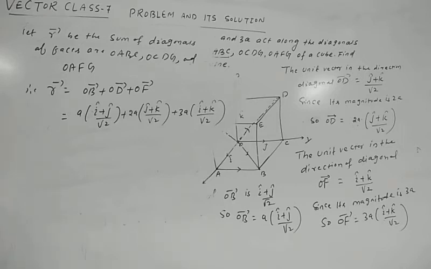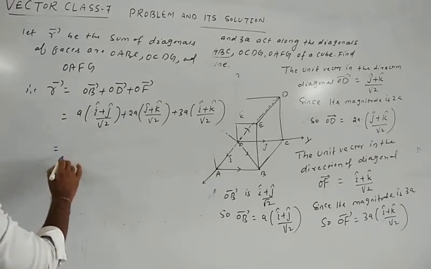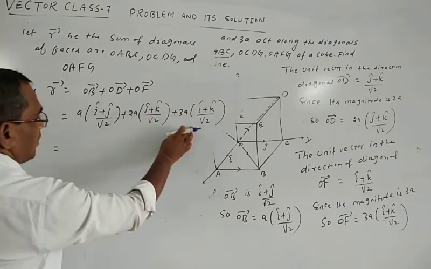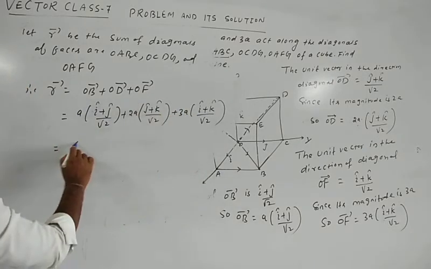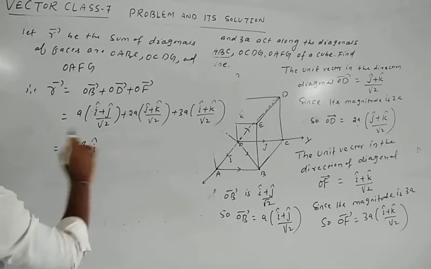Next we have to calculate its direction, by adding these. Here a i cap by root 2, here 3a i cap by root 2, which means 3 plus 1, that is 4a. So this is equal to 4a by root 2 into i cap.